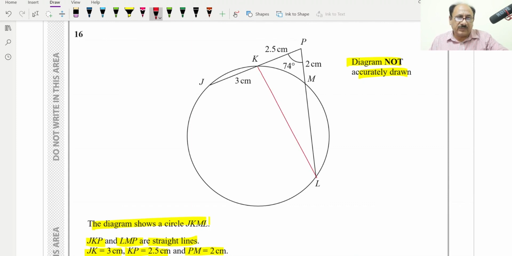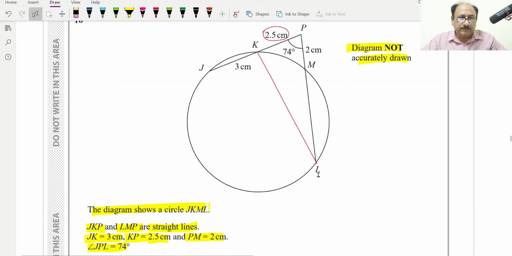Yes, now this side is 2.5 centimeters, and now we can find this P by the theorem. Like we'll have to write PK, I will write PK multiplied by PJ.